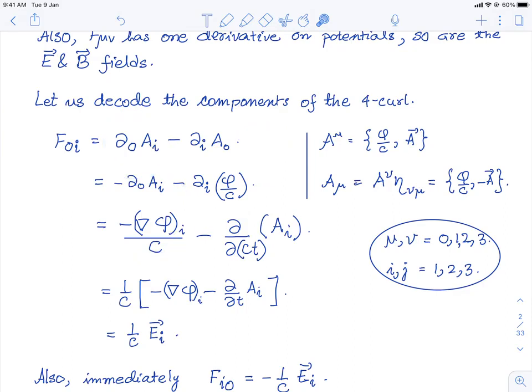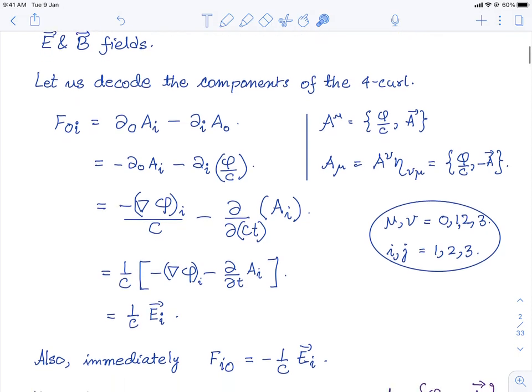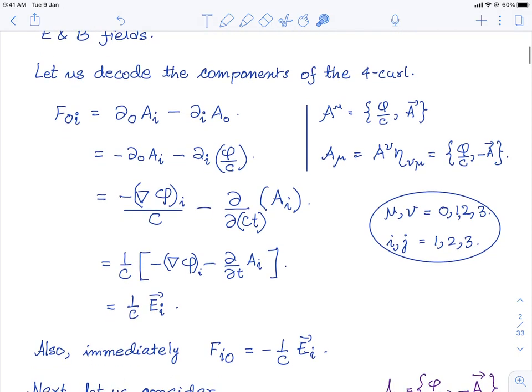So simply this F0i forms the 3 components of the electric field. As soon as I know F0i, I immediately know Fi0, because this is just minus of this thing. Again, the c hangs around because I have put it into the definition of A mu.